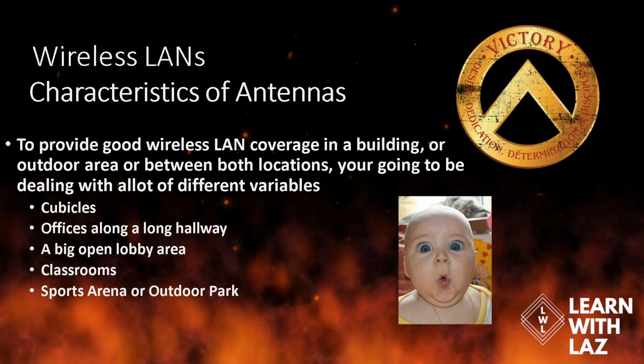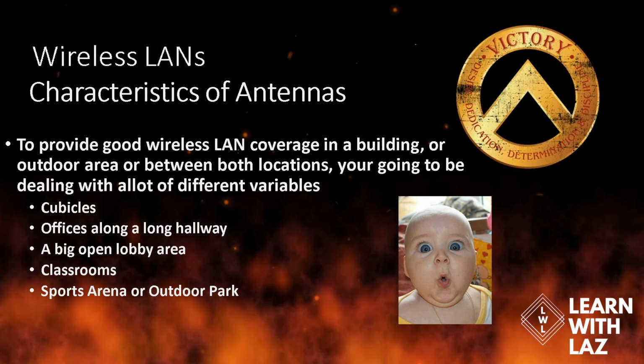Classrooms, and especially outdoors: one thing is a sports arena, and another thing is an outdoor park. Think of a very large park that you're aware of, and how would you cover that area? Because you have essentially two types of antennas: omnidirectional and directional.